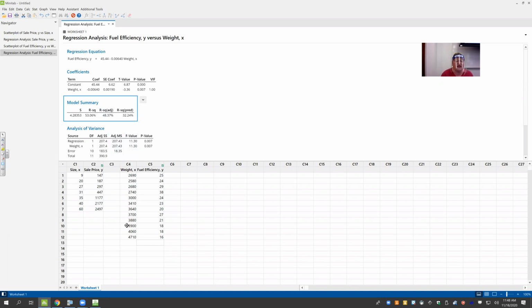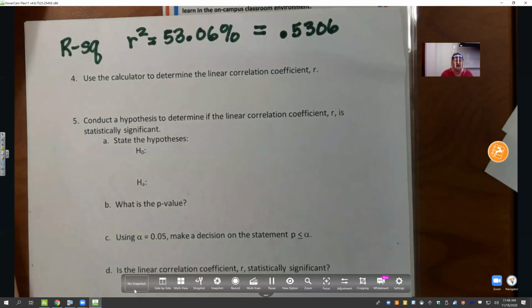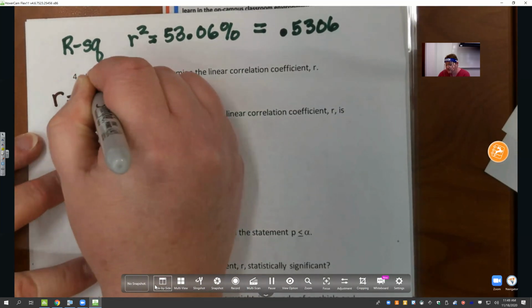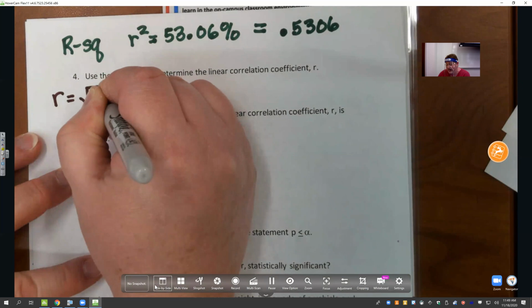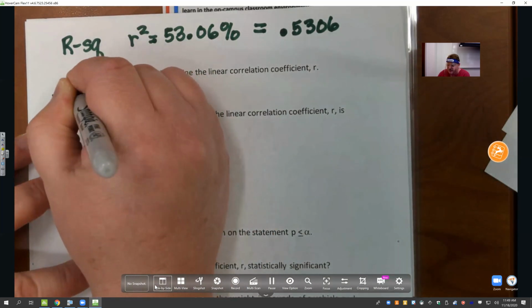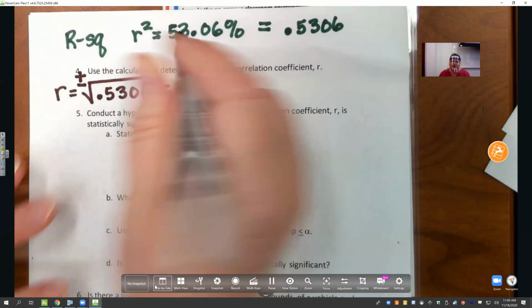Okay, so from Minitab, I've gotten R squared. But at this point I don't need R squared, I need R. So I'm going to take the square root of 0.5306. And I have to make a determination about whether it'll be positive or negative in a minute.